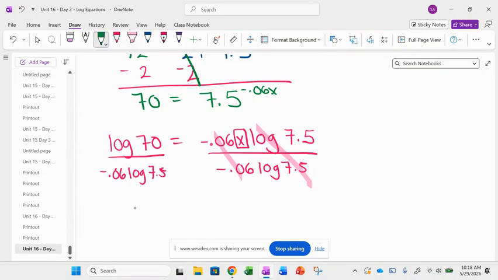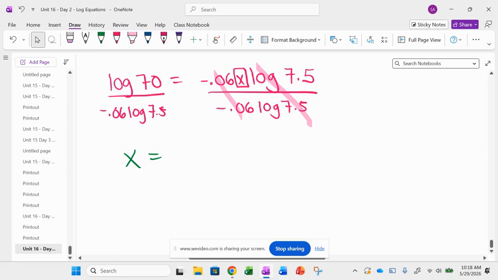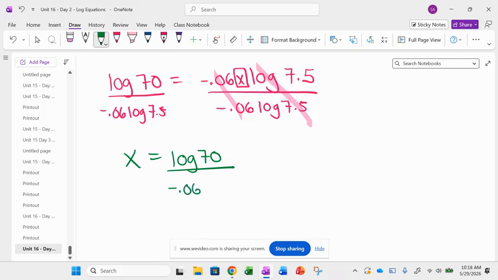So now this is my calculator ready form. X is equal to the log of 70 divided by negative 0.06 log of 7.5.